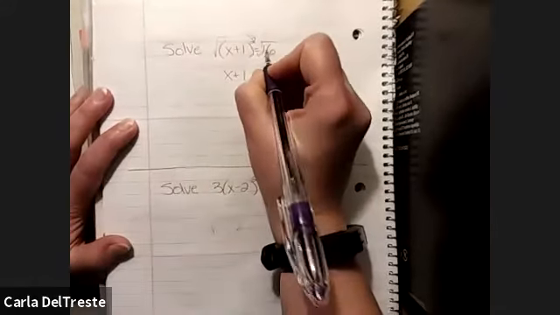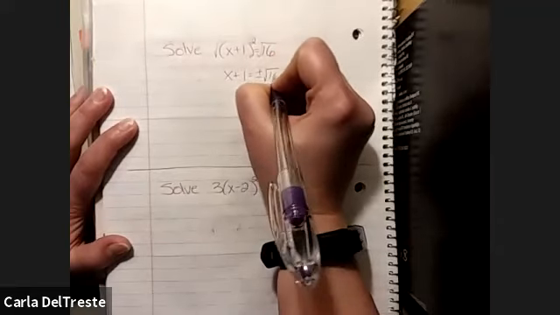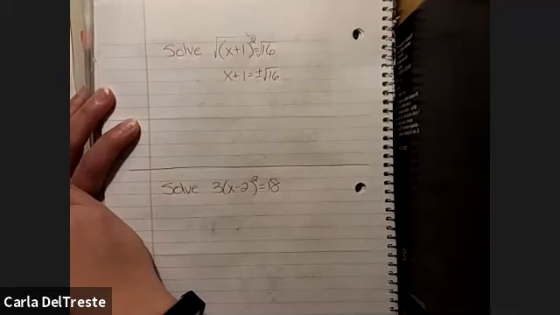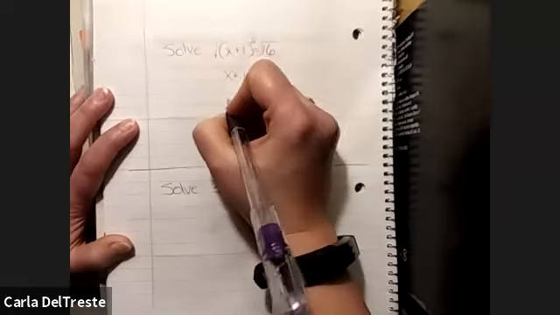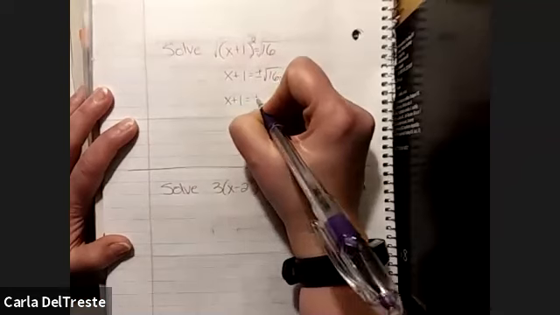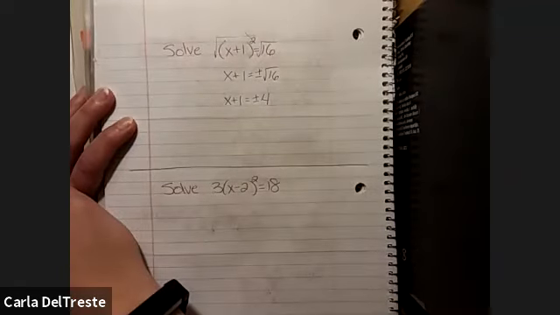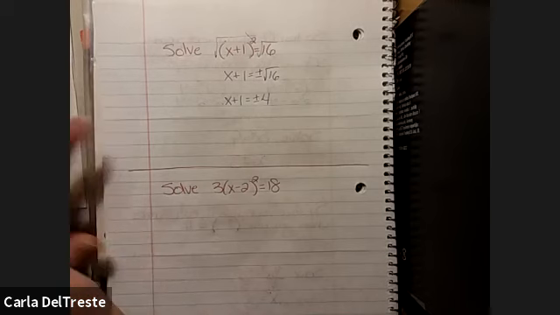But as soon as I take the square root, I have to include the plus minus option. So this is the positive or negative square root of 16. 16 actually has a nice perfect square, right? So the square root of 16 is 4. So this is going to be a positive or negative 4.